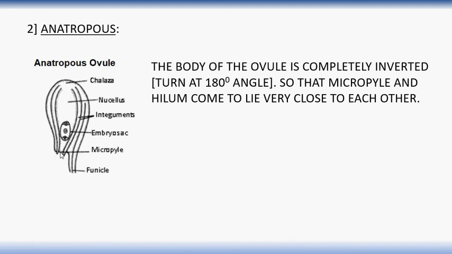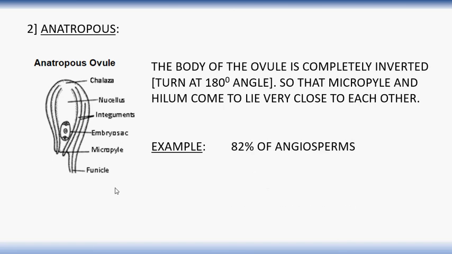This is micropyle, and hilum means where the funicle is attached to the body of ovule. Point of attachment of funicle to the ovule is called as hilum. So this region is hilum and micropyle are very close to each other because of the 180-degree turn. That's why this type of ovule is called as anatropous ovule.